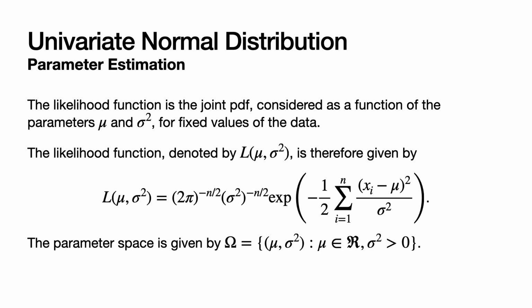So the collection of all such ordered pairs or points in a two-dimensional Euclidean space constitutes the parameter space for the normal distribution.